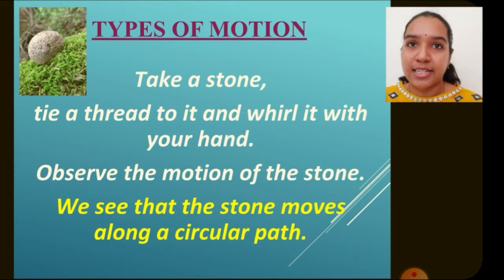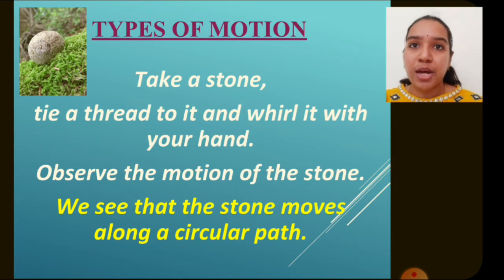To do this activity, you need to take a small stone. To that stone, tie a thread and whirl it with your hand. Whirling means hold the free end of the thread and rotate your hand continuously, applying force on the stone through the thread.